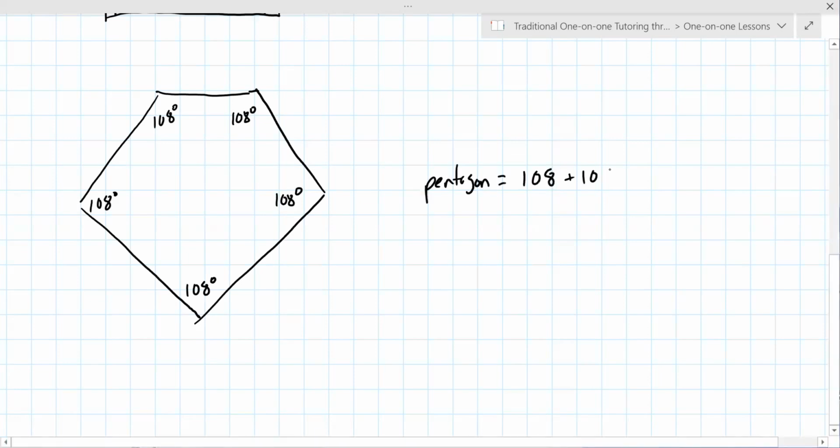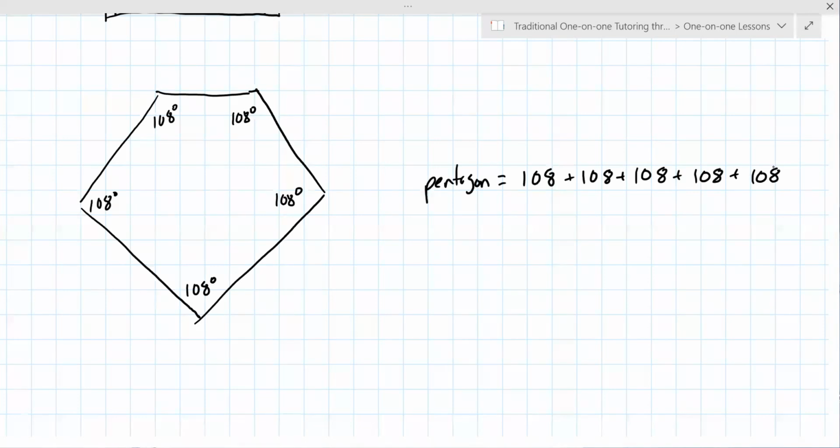So those angles right there, 108 plus 108. 540 degrees. Very good.